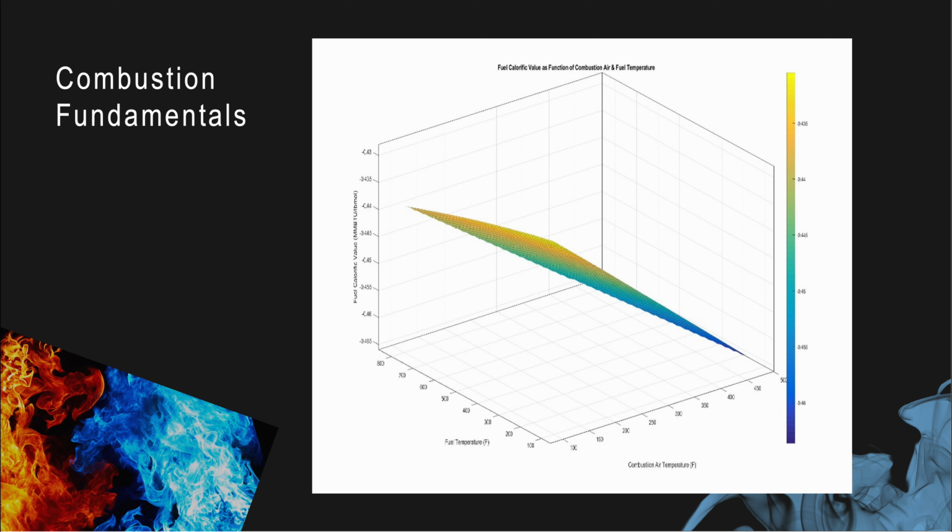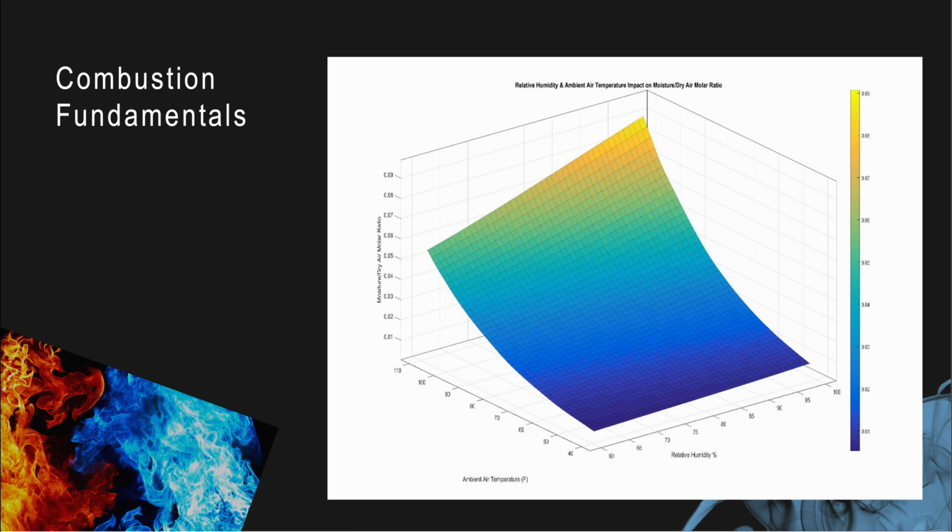But another critical factor that we are going to look at is the excess air and the relative humidity of the air. Those are super critical, and they tend not to be talked about much in literature. From there, we're going to define a metric. You can see the ambient air temperature axis over here, and the relative humidity axis over here, and from those two you can estimate the moisture per dry air molar ratio.